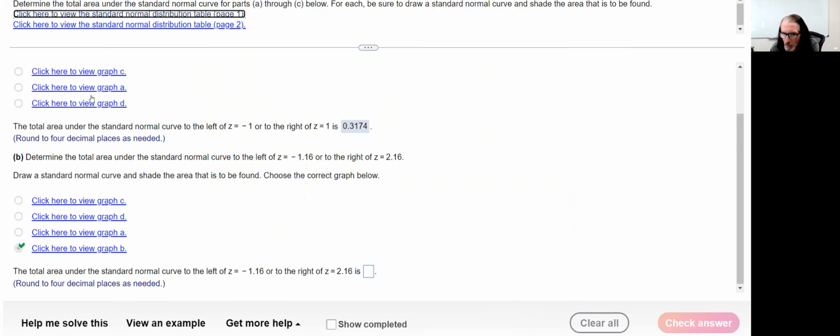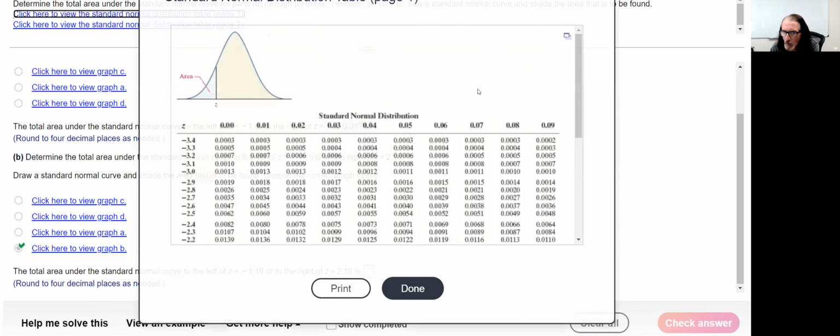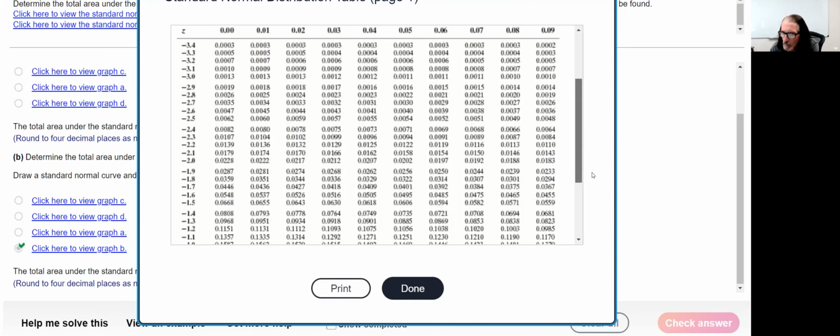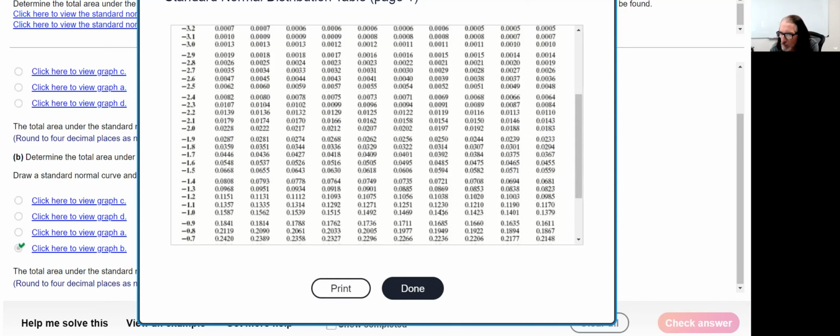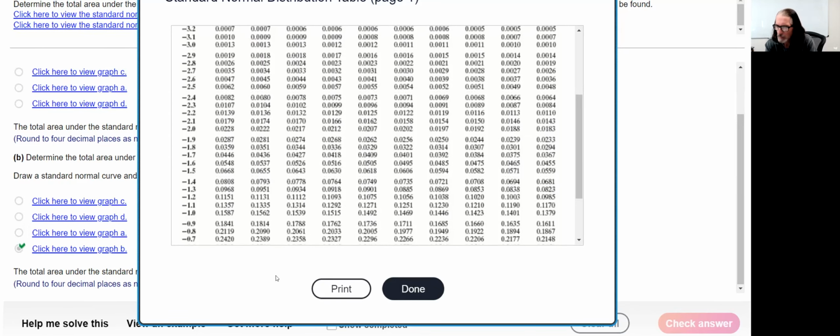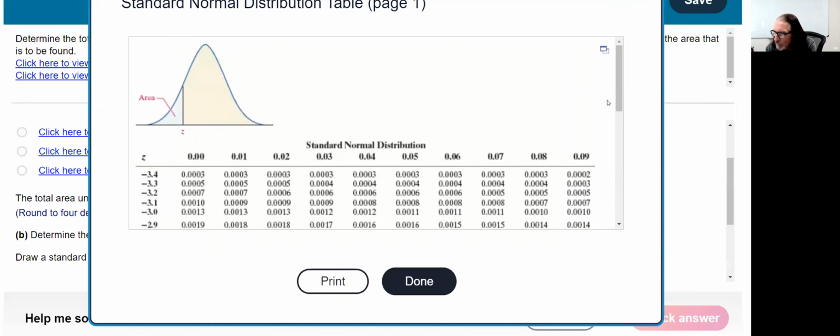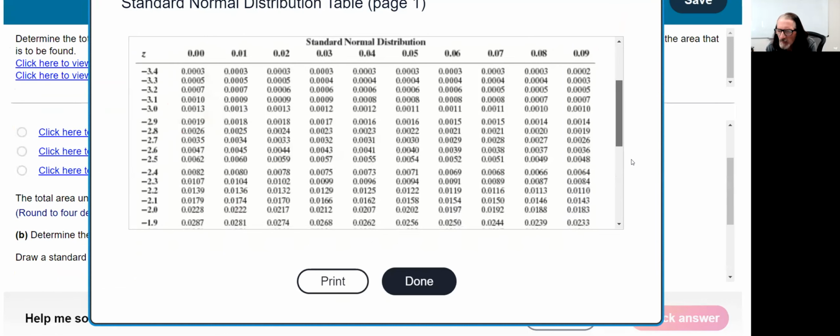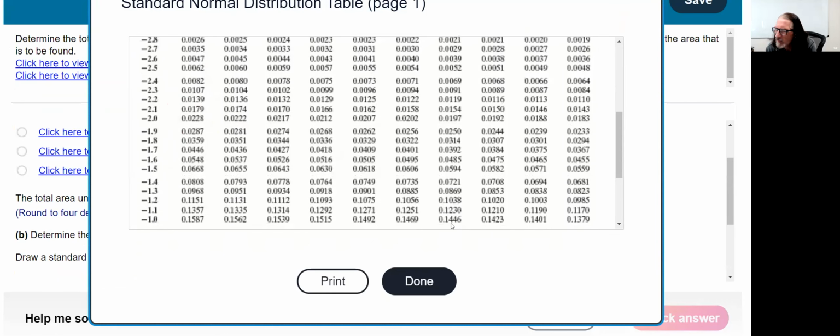Negative 1.16. Okay, so the fourth one from the right. Looks like we've got, let me enlarge that a little bit, 0.1230.